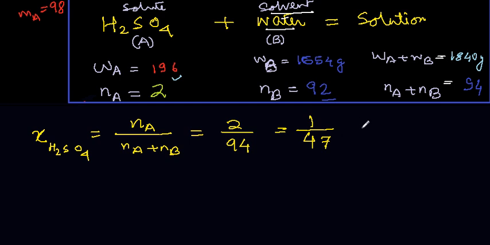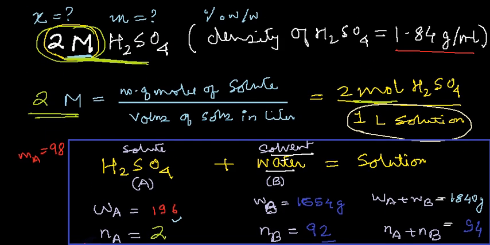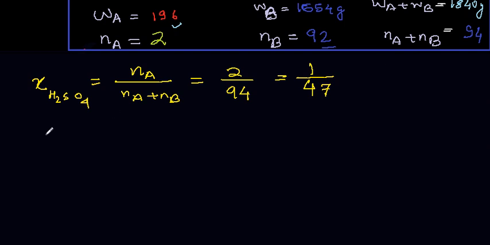Now similarly, if we want it for molality, the molality is the number of moles of the solute. We need to look into the definition again and again and try to understand its meaning. The meaning of molality is the number of moles of solute that is present in 1 kg of the solvent.